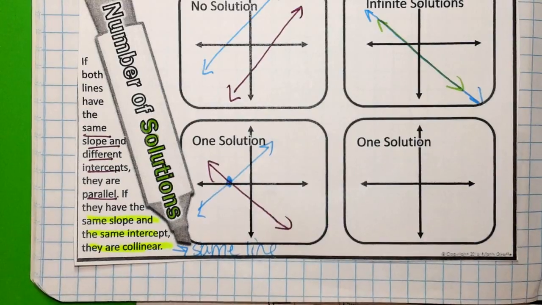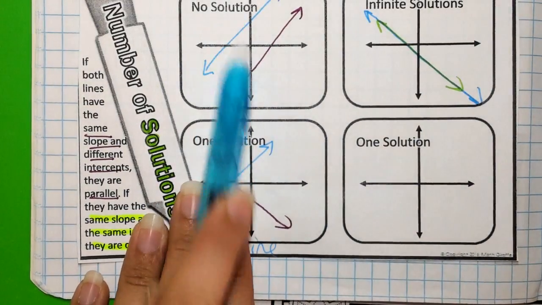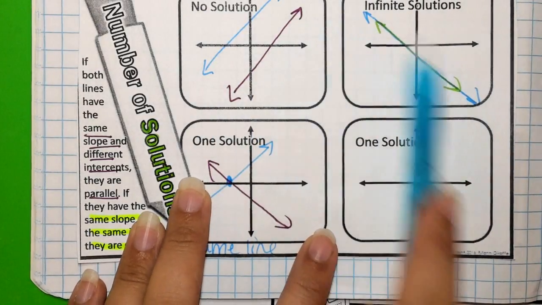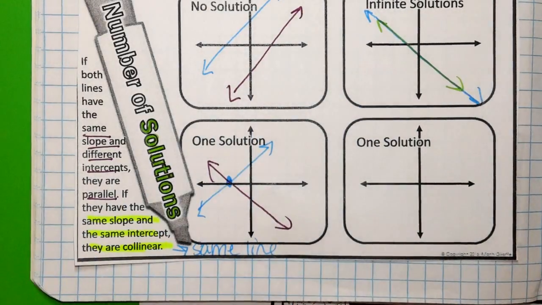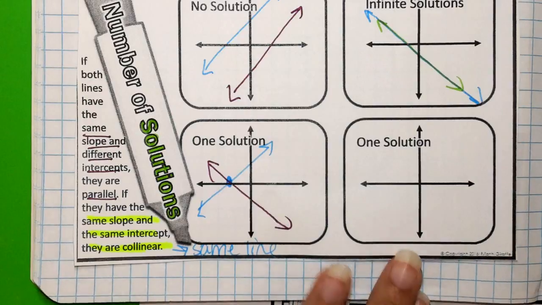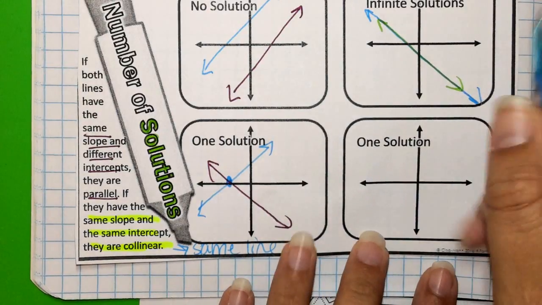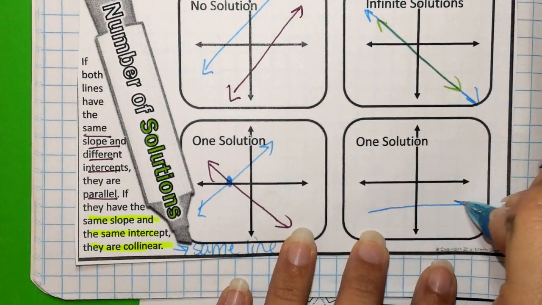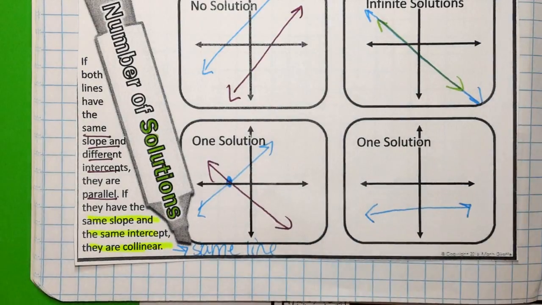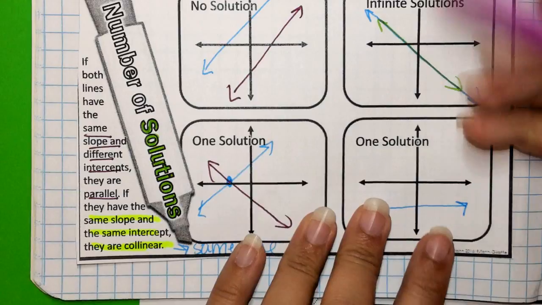Now, can somebody give me another example of one solution? So we have no solution, where they are parallel. Infinite, where it's one line. One solution looks like this. What else could I draw? And then it goes up and down. And then I could do one like this.